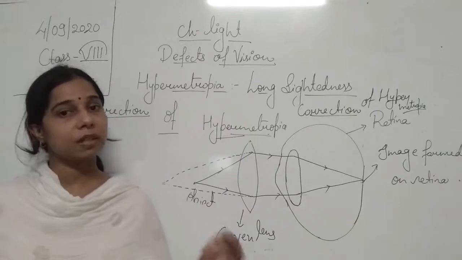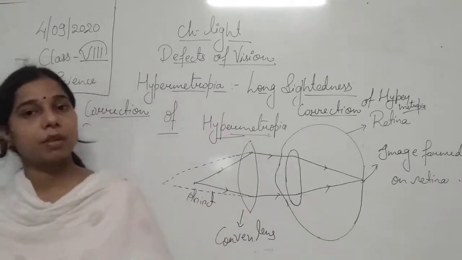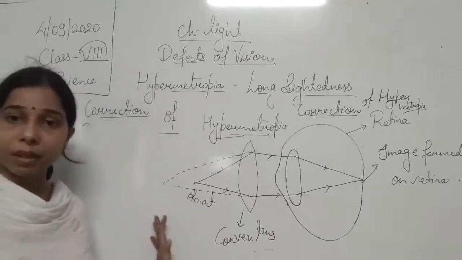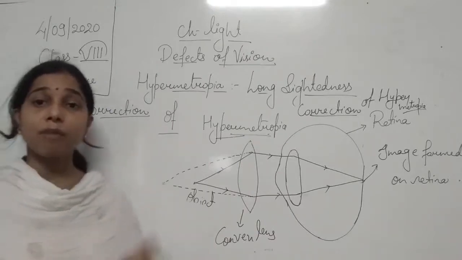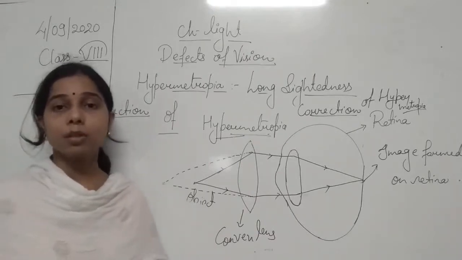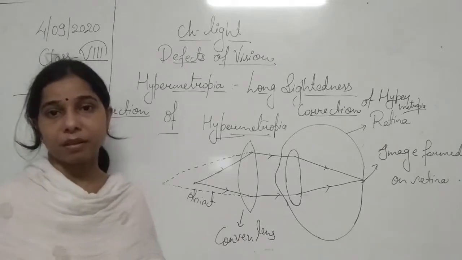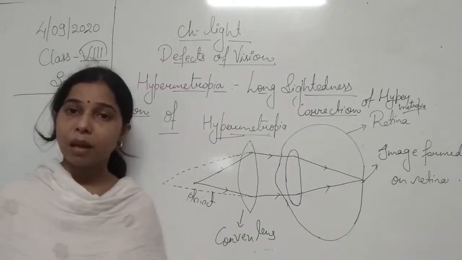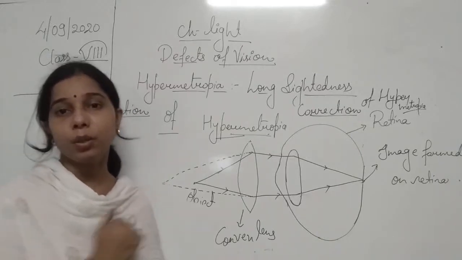What happened? The image formation, students. In case of myopia, the image is formed in front of the retina. And in case of hypermetropia, the image is formed behind the retina.